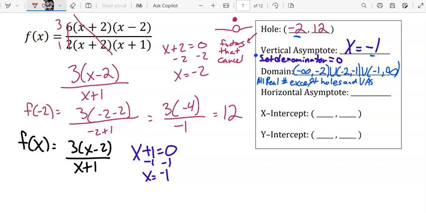For the horizontal asymptote, we want to take the leading term of each numerator and denominator expressions. We have 3x minus 6 over 1x plus 1. We have 3 over 1.